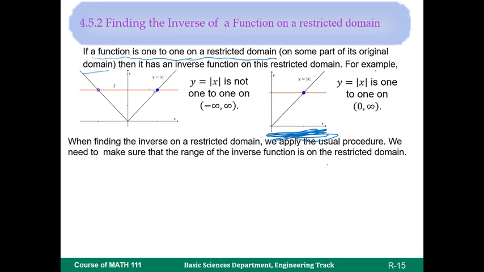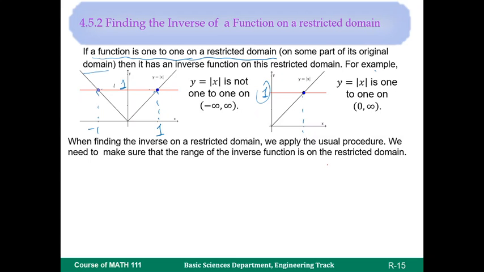So when finding the inverse on a restricted domain, we apply the usual procedure. We need to make sure that the range of the inverse function is on the restricted domain. If you want to go back from the y value to the x value, the idea is this: 1 can go to 1 and minus 1.